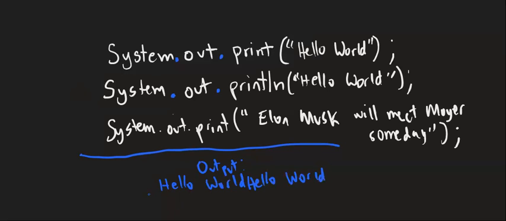And then you'd go down and write Elon Musk will meet Moyer someday. Since this is a print statement, not a println statement, the cursor just stops here. It doesn't go to the next line. It's kind of weird, right? This is not very nice looking, but the computer program doesn't know that. It just follows instructions.